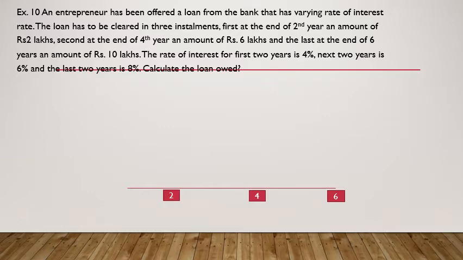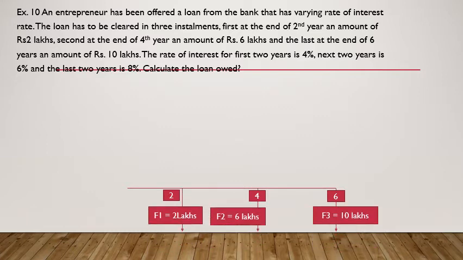How does it appear? First draw the timeline, 6 years of timeline. First we have 2 lakhs to be paid at the end of second year, 6 lakhs at the end of fourth year, and 10 lakhs at the end of 6 years. Since we are paying the installments, all these are negative terms and hence below the horizontal line.